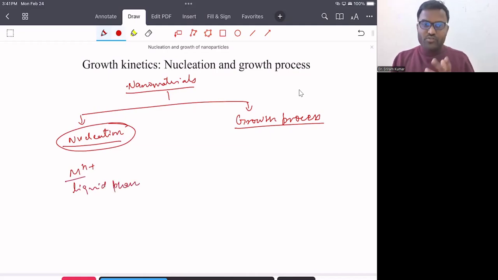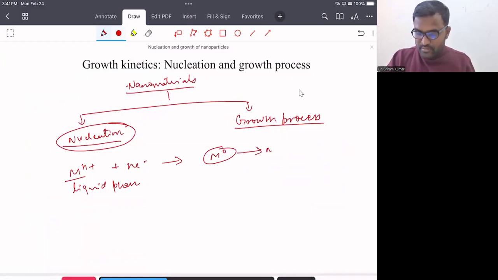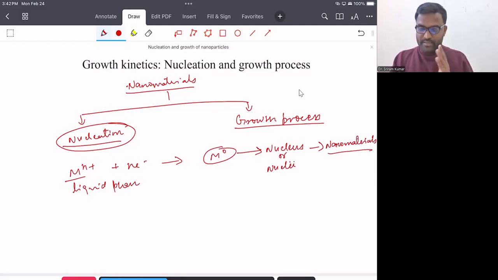It is reduced and we get M0, that is, an atom. Once the atom forms, there is then a nucleus or nuclei, and those nuclei further grow into nanomaterials. So these are the steps in nanomaterial synthesis.